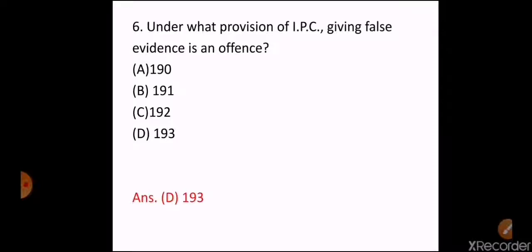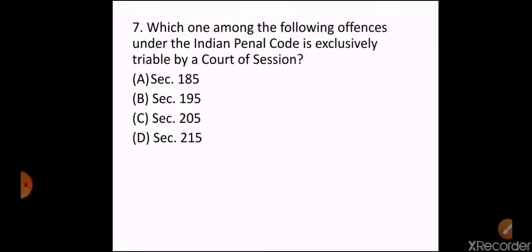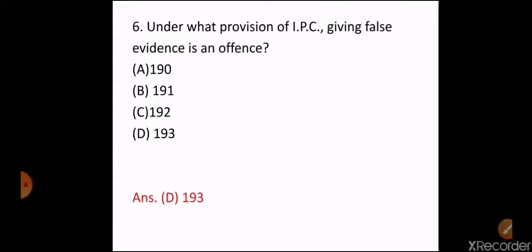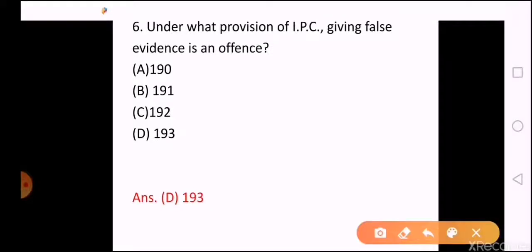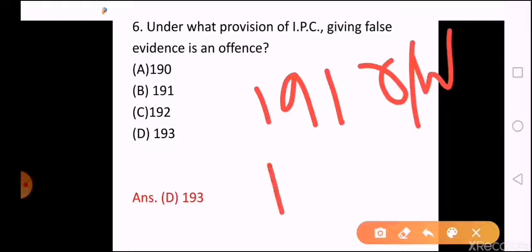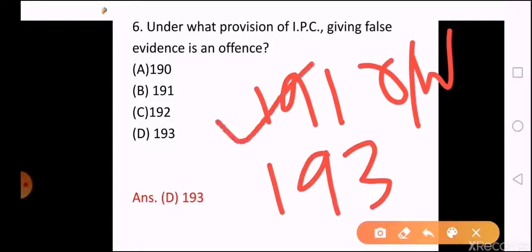Giving false evidence is defined under section 191, but the offence is punishable under section 193. So, along with this, you have to see section 191 read with section 193. For section 191 the definition is given, and for the punishment you have to see section 193.